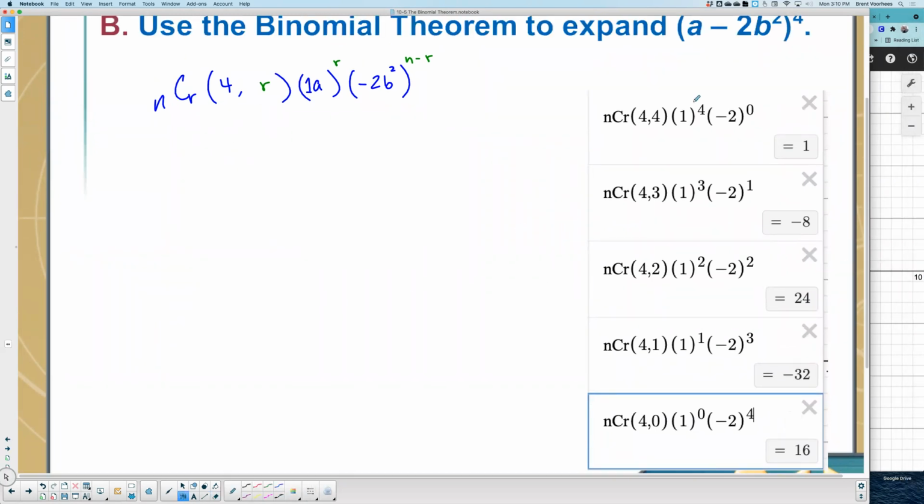So what's going to happen here is I would have a minus 2b squared. And I need to talk about this 2b squared. That's going to change the problem a little bit. It will be to the 4th power. So here my coefficient is 1. So it'll just be 1a to the 4th power. And then minus 8a to the 3rd power.